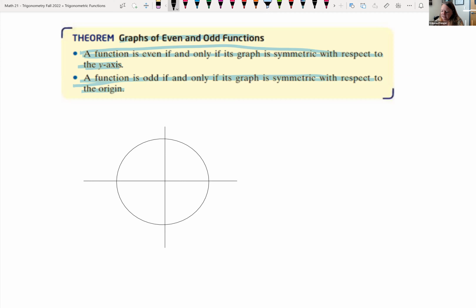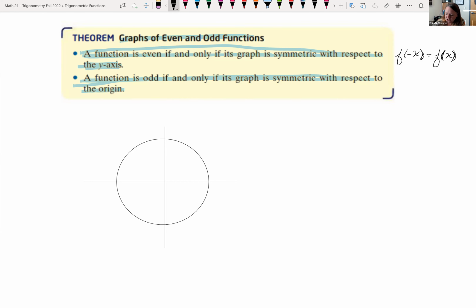Another definition is it's an even function if we plug in the negative value of our input and it would give us the same y value as if we plugged in the positive of that value. So f of negative x is equal to f of x, then it's an even function.